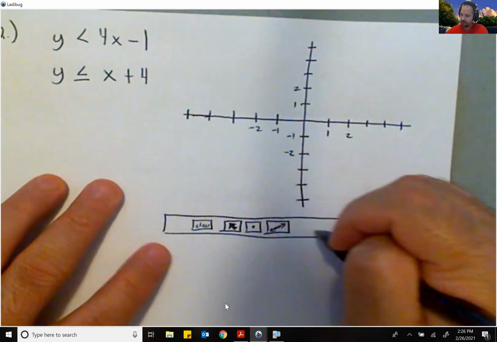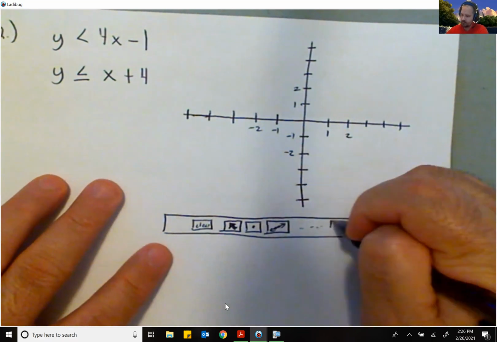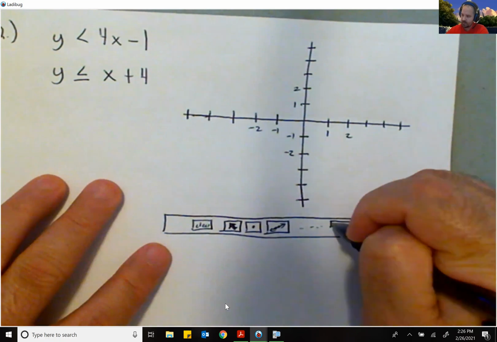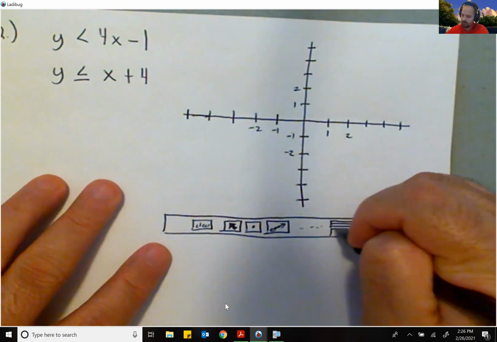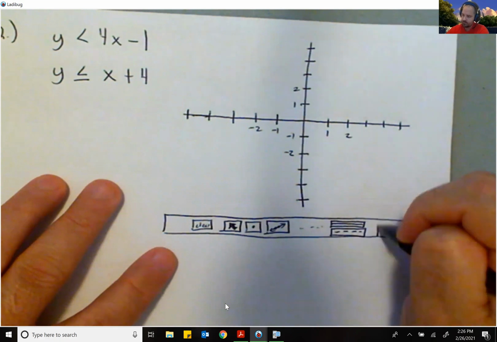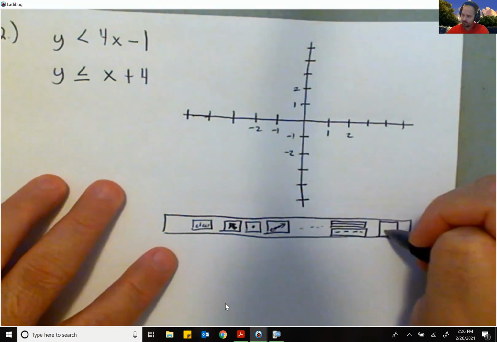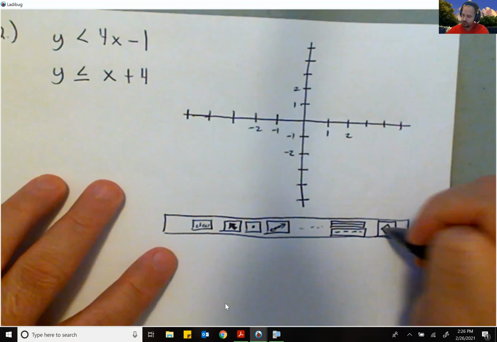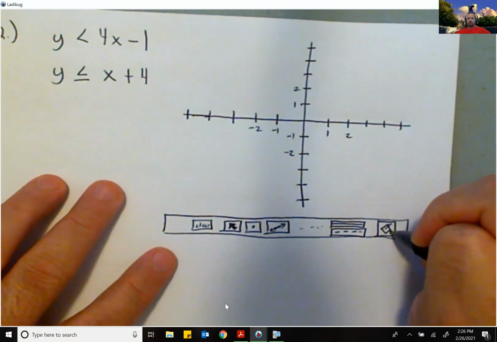There are some others, but we don't care about them. And you got your solid line, your dotted line, and then our paint bucket. Okay.